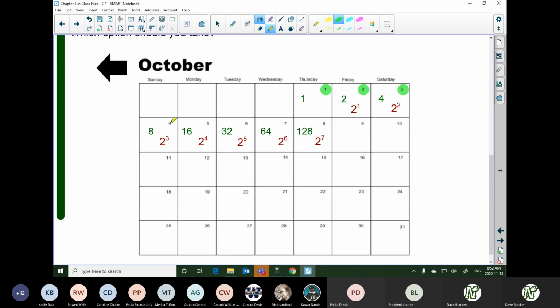Do you see that day of the month up in the top corner? There's a relationship between the day of the month and, I'll do this in blue, the power or exponent of 2. How do we get from the green highlights to the blue highlights? If I were to tell you what the green highlighted number is, how would you get to the blue highlighted number?